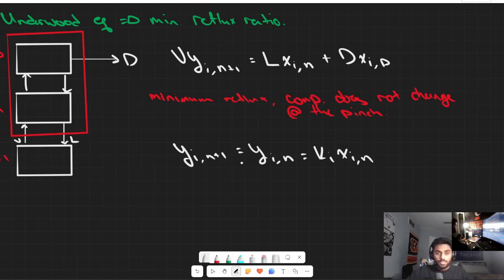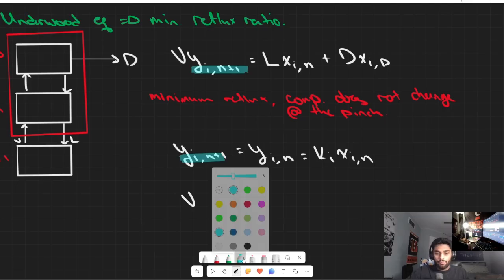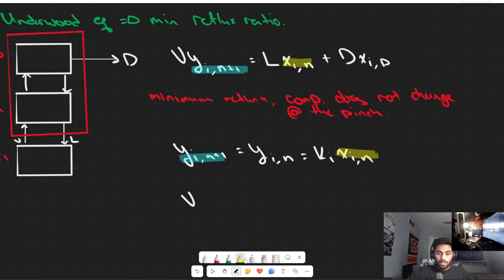So what I'm going to do now is rewrite this. These are getting redefined and are going to be used in this relationship now.